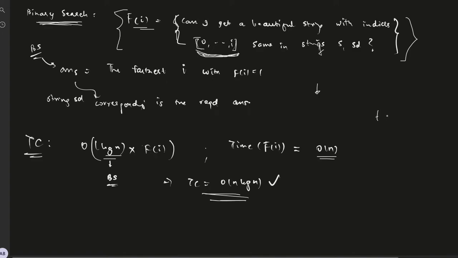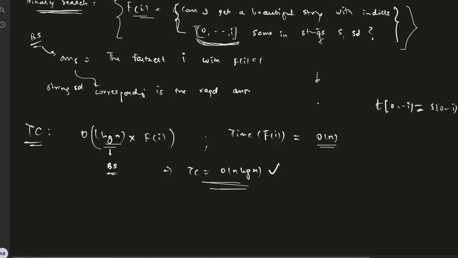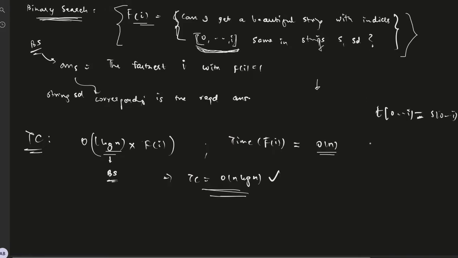So make t of 0 to I equal to s of 0 to I. Assign this to this. Once this is done, for the I plus 1th character, maintain a map of 26 characters, storing the frequency of characters in these indices.